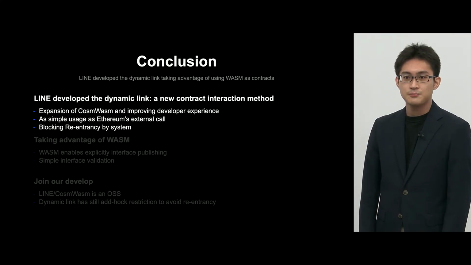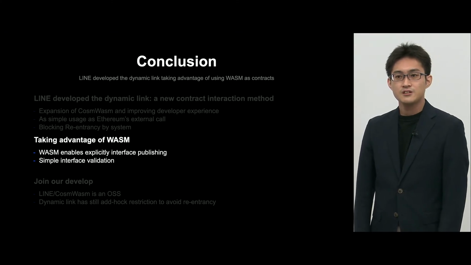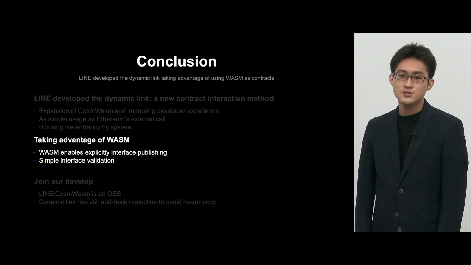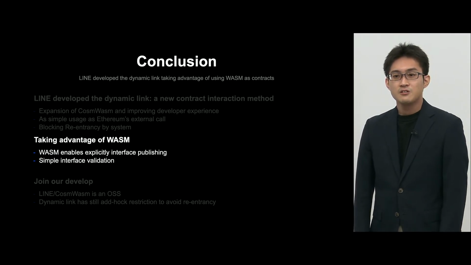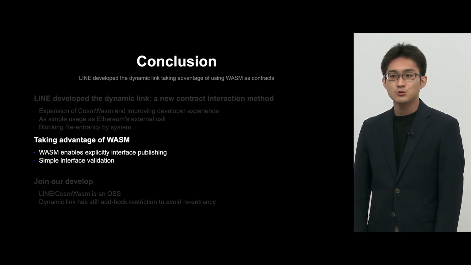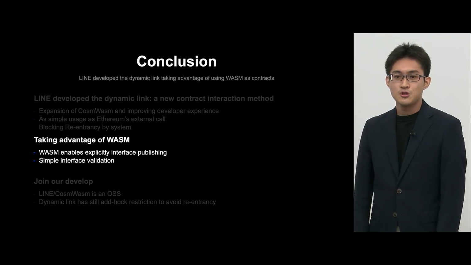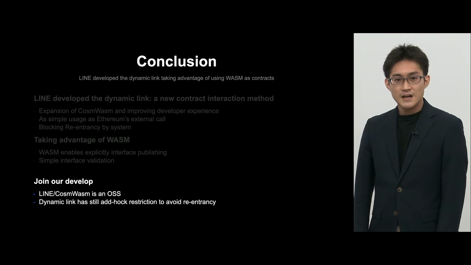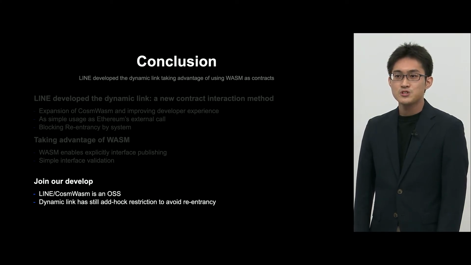And just like CosmWasm, it blocks the reentrancy by the chain itself. And using the WASM characteristics, we can have the interface validation by the chain itself. So it's a unique feature, and we can show the potential of smart contracts in WASM. So it's a very interesting function.